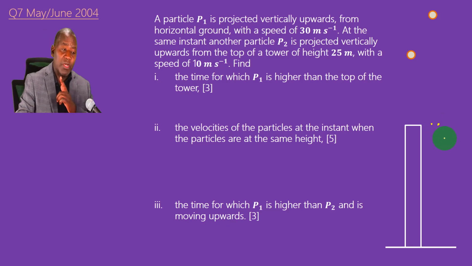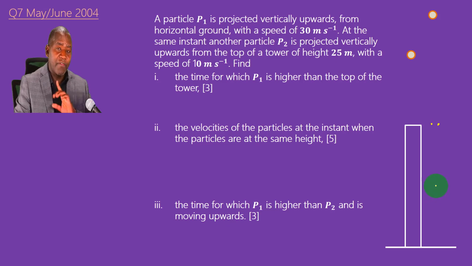I'm going to repeat this because it's very important. There are two times when the object is exactly 25 meters above the point of projection. One time is when it is on its way upwards. The other time is when it is on its way downwards.